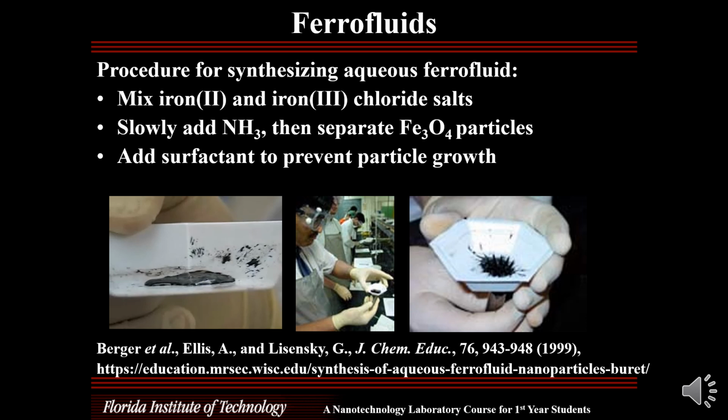You wind up then capping the nanoparticles with a surfactant, and then students have fun watching the nanoparticle suspension spike up. Applications for this include advanced braking systems for vehicles, as well as opening doors on the International Space Station.